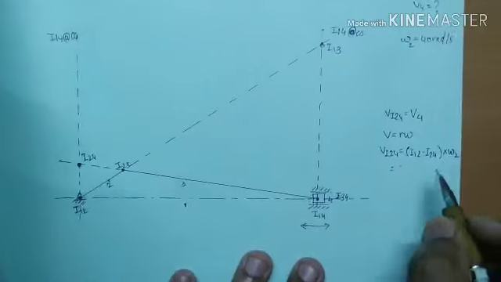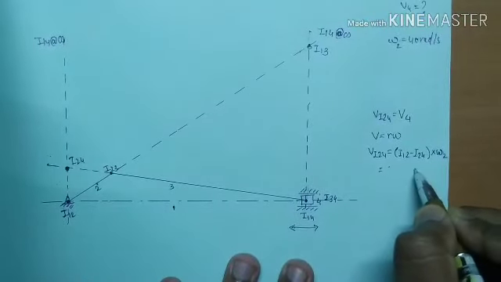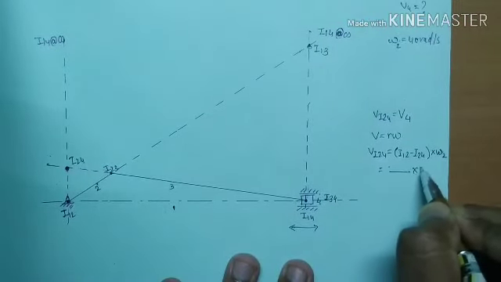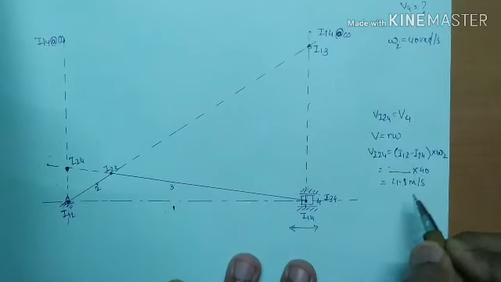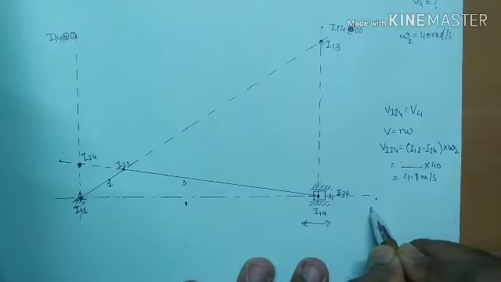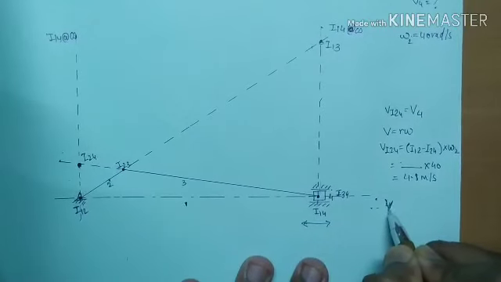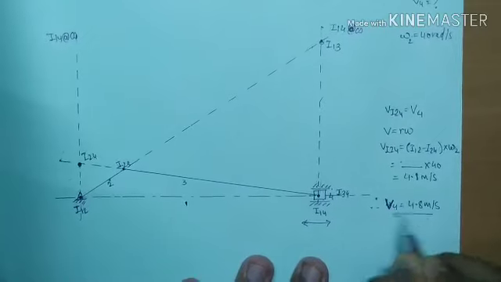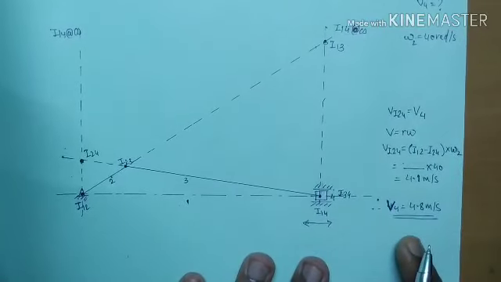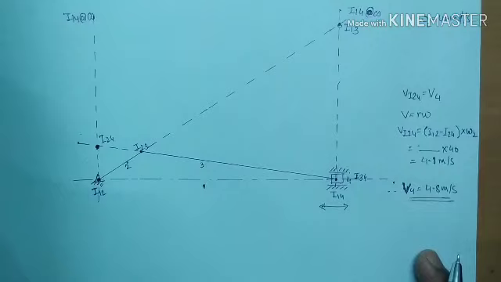After multiplying with respect to scale, that is with 40, we will get 4.8 meter per second. Therefore V4 equals 4.8 meter per second. So we have got the velocity of the slider.